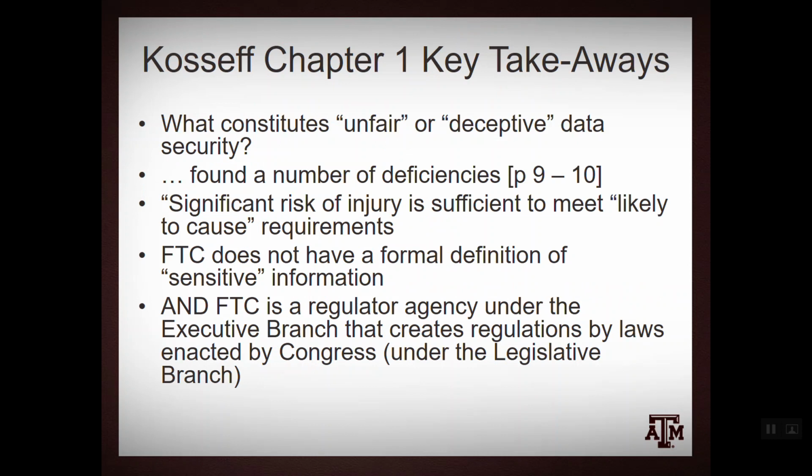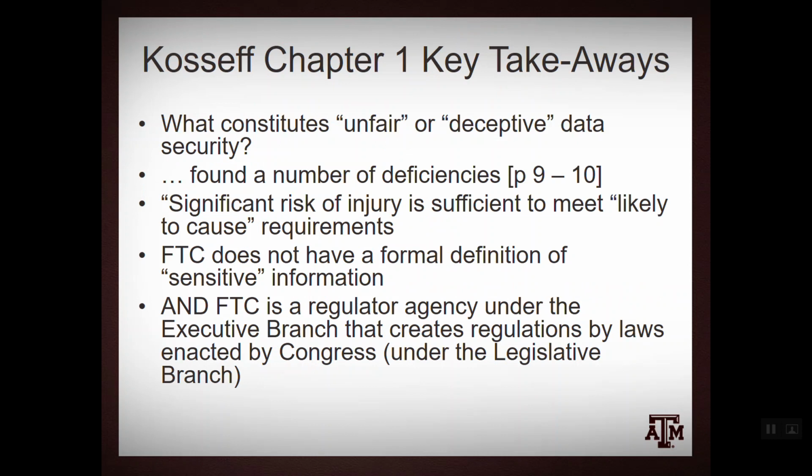The key takeaways: what's going to constitute unfair or deceptive data practices? It's going to be the significant risk of injury. Is it sufficient to meet the likely to cause requirements? There, again, the FTC does not have a formal definition of sensitive information, so how are they telling us to protect it? And we haven't talked about this in our online course, so let me take a few minutes.